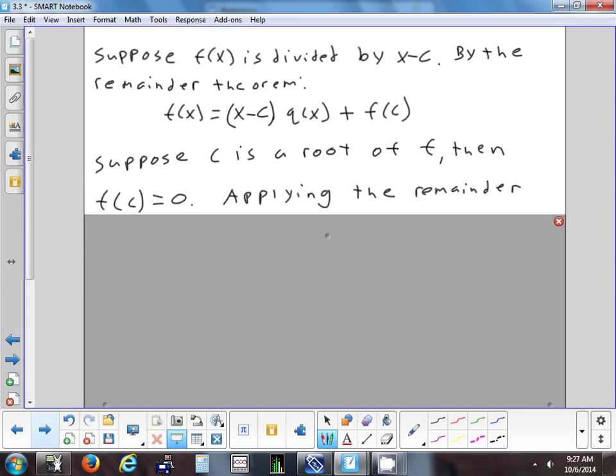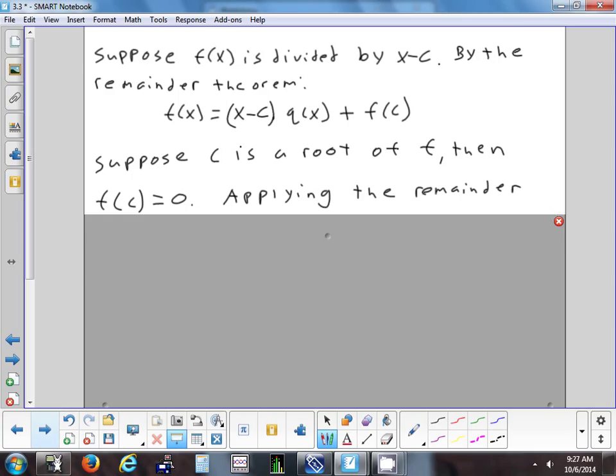Okay, let's suppose that c was a root. Let's suppose that c was a root. Okay, what that means is if you plug c into function f, you get 0 for y. That's what it means for something to be a root.